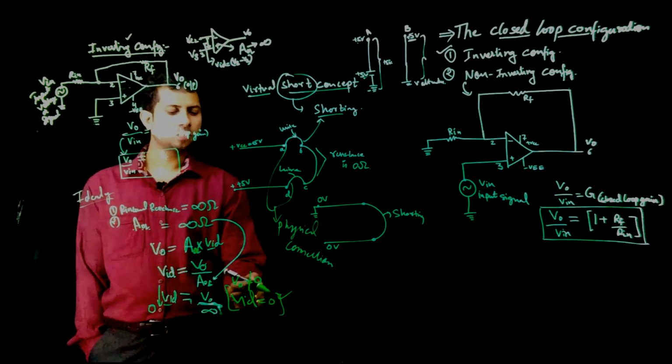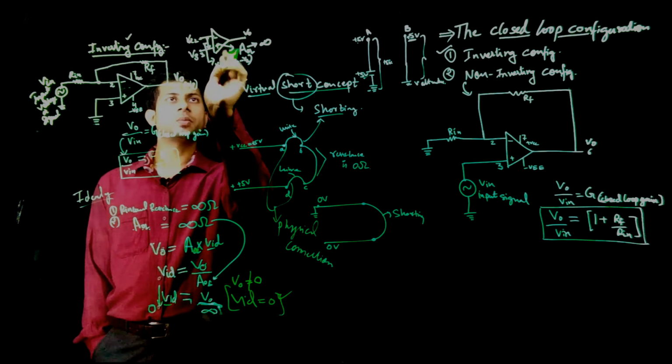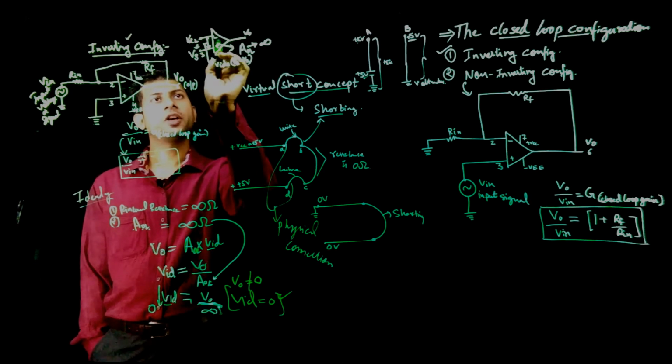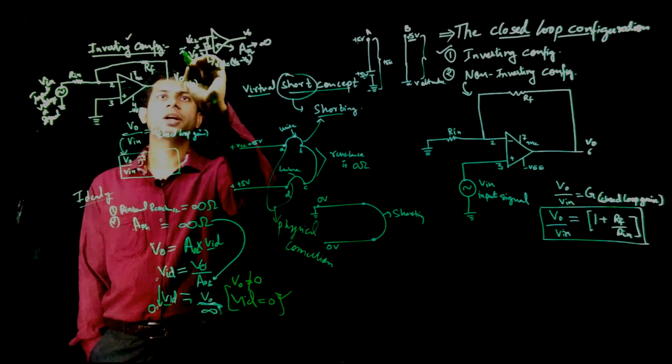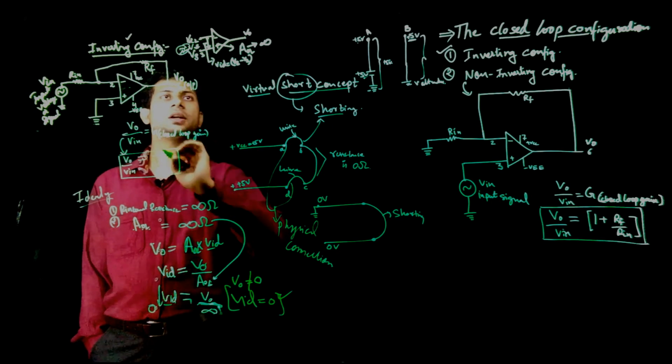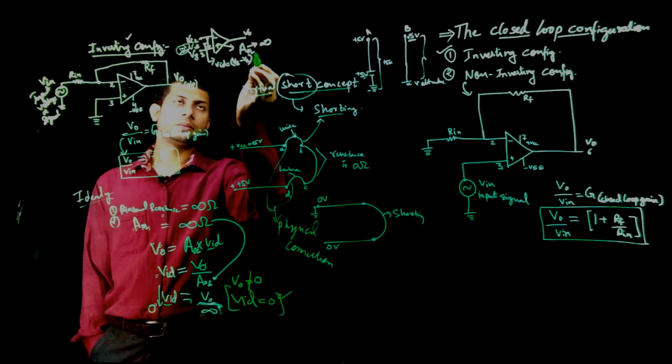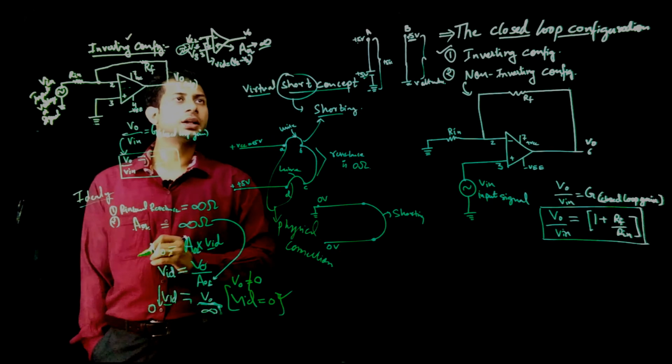Why is it not possible? Because in this operational amplifier, if there is a very small voltage, in millivolts or microvolts, then ideally we are taking infinite gain.